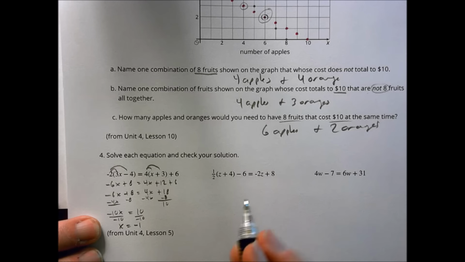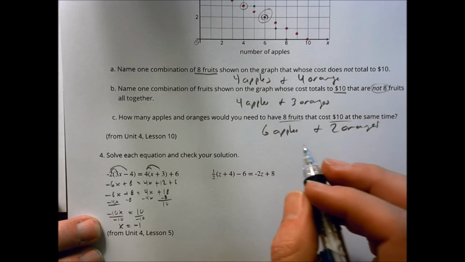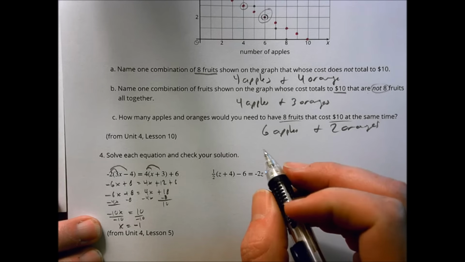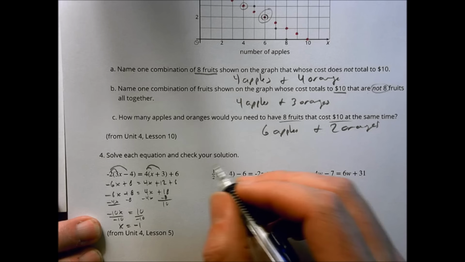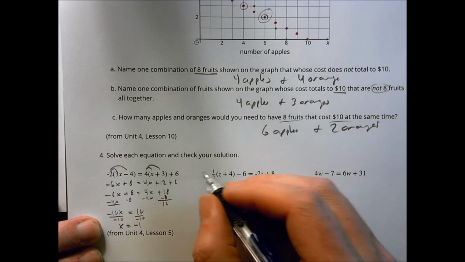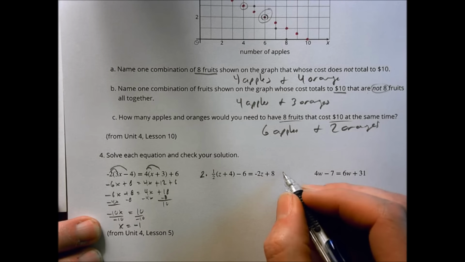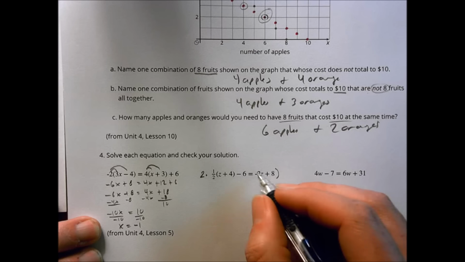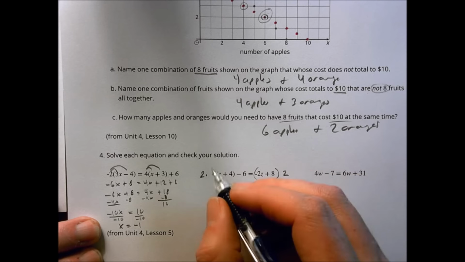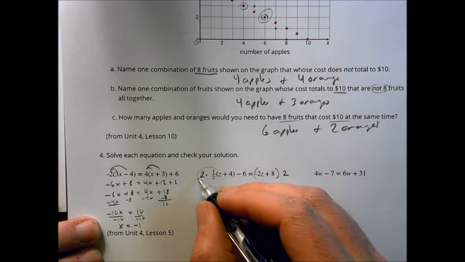Over here, what I want to do first of all is multiply everything by 2. Why? Because I don't like dealing with a fraction. So by multiplying this by 2, that simply goes away.